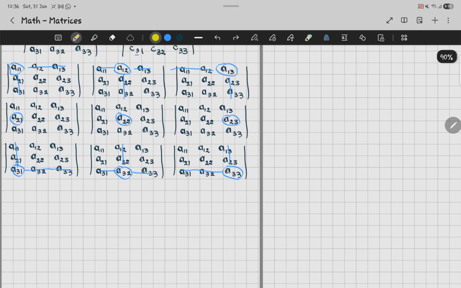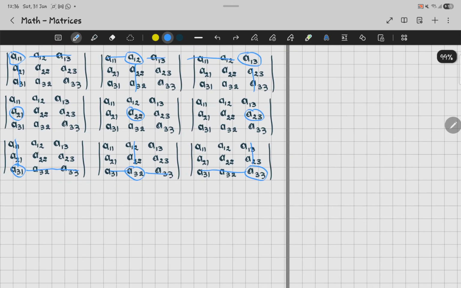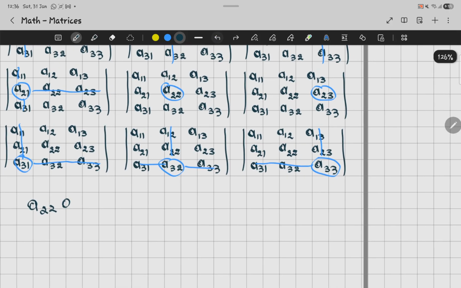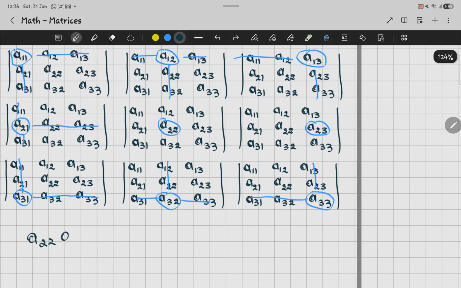Now, there's one thing that I forgot to do, which was this one. So I'm going to write what is left over. It's going to be A22, A23.